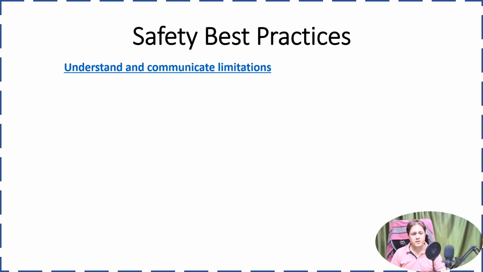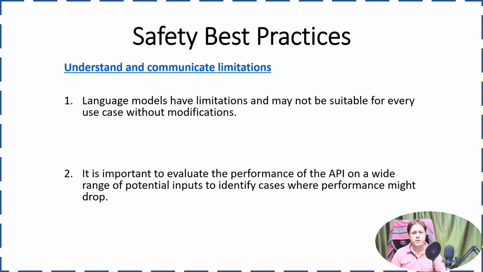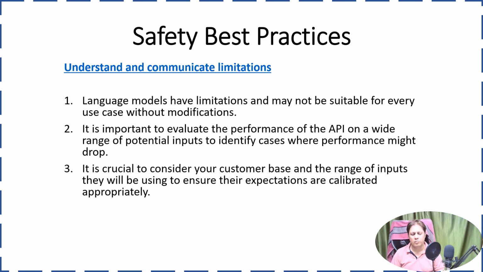The next safety practice is to understand and communicate limitations. Always understand the limitations of your software or API, and not only understand, inform your users that there can be downtime, it can reply maliciously, it can be taught badly, but it is not a human.